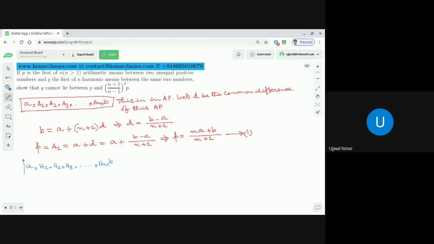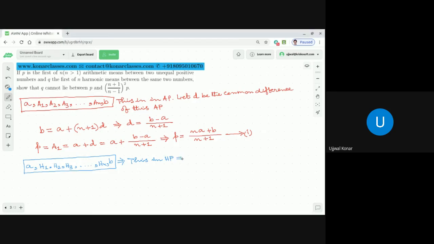Now, if you look into this sequence, this implies that 1 by A, and so on, are in harmonic progression. Let me write this: this is in HP. As I suggested in yesterday's class, whenever you see numbers in harmonic progression, to make things simpler, let's take the reciprocals and consider that those reciprocal numbers are in arithmetic progression.